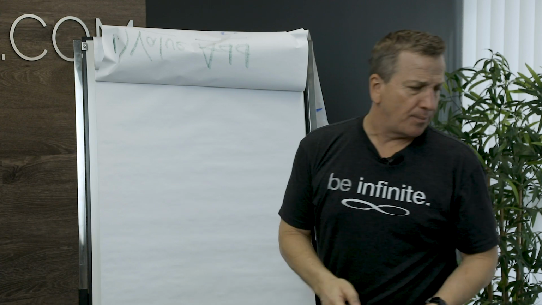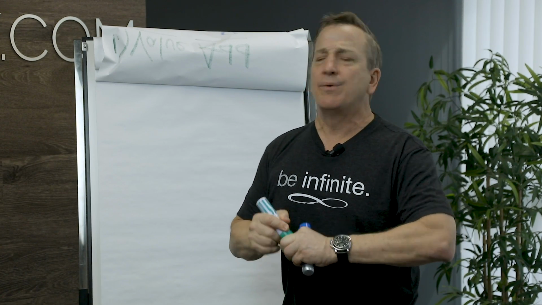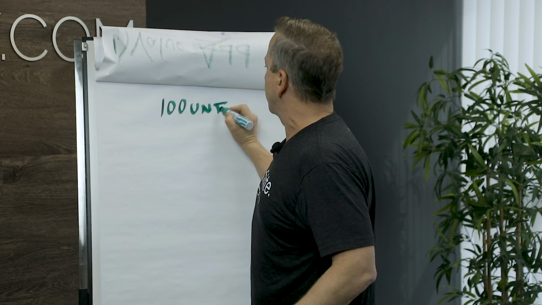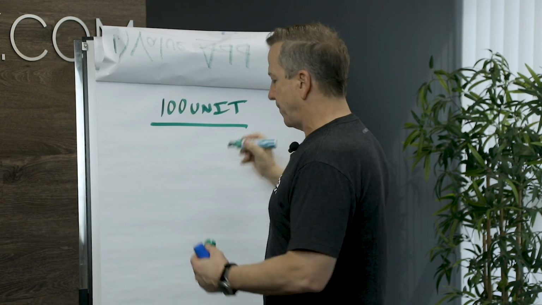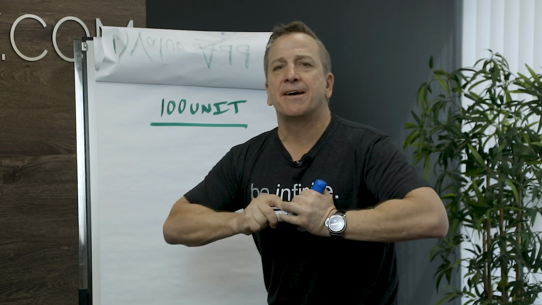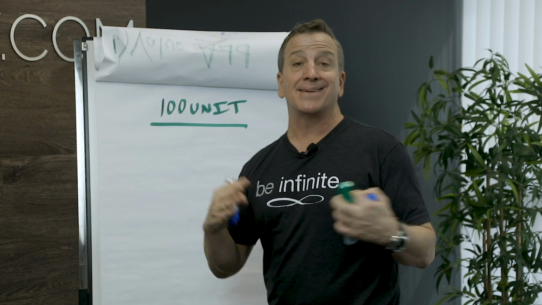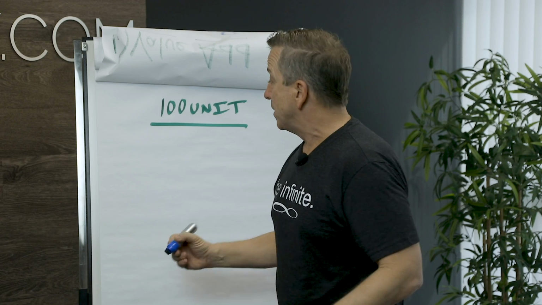So the example that I want to give you is a 100-unit building, and we have 3 different unit types, for example. Obviously this is a multi-family building, but it doesn't have to be. It could be a commercial building.